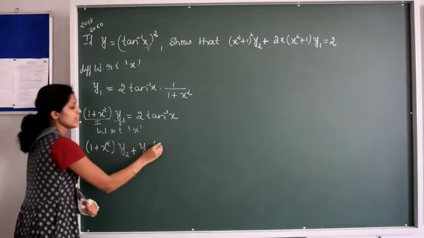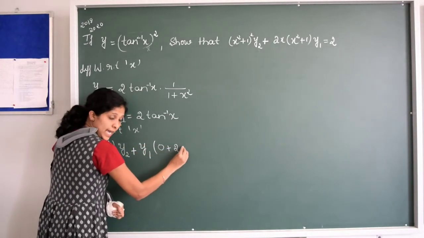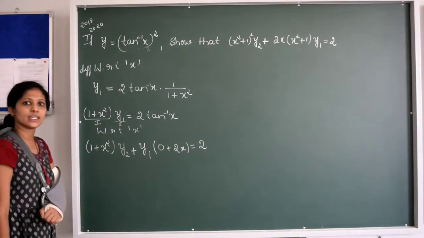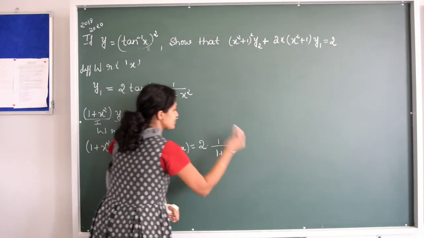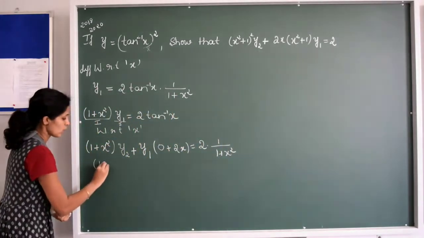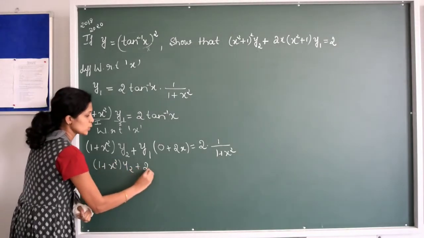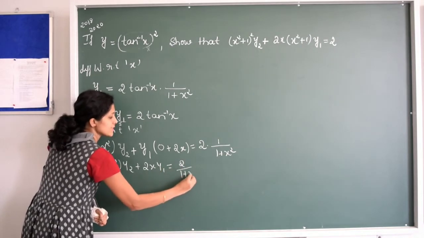What is the derivative of 1? It will be 0, plus the derivative of x square will be 2x, is equal to 2 is constant as it is, the derivative of tan inverse x will be 1 by 1 plus x square. So we can write this as 1 plus x square into y2 plus 2x into y1 is equal to 2 divided by 1 plus x square.